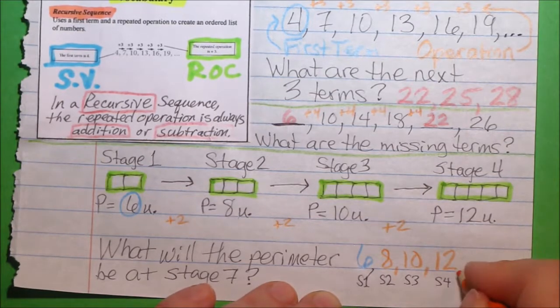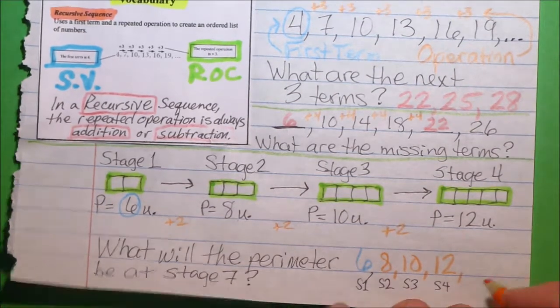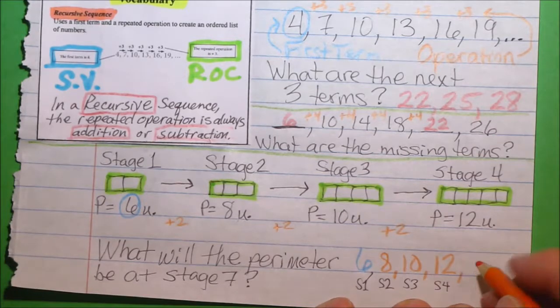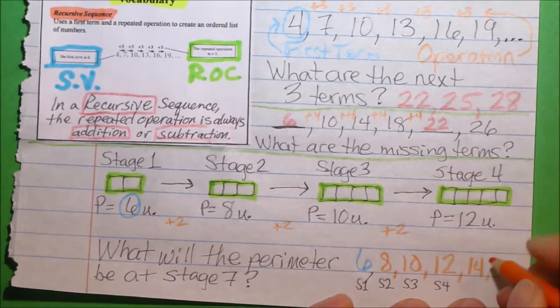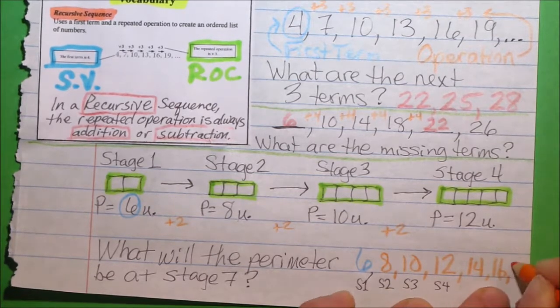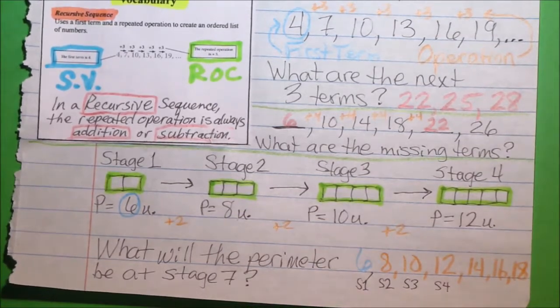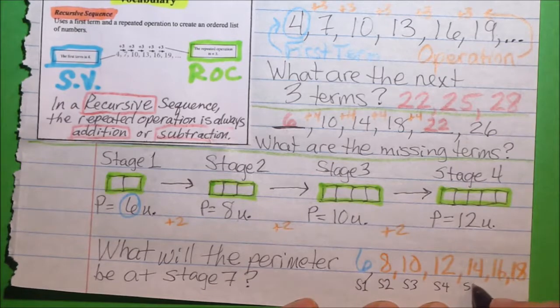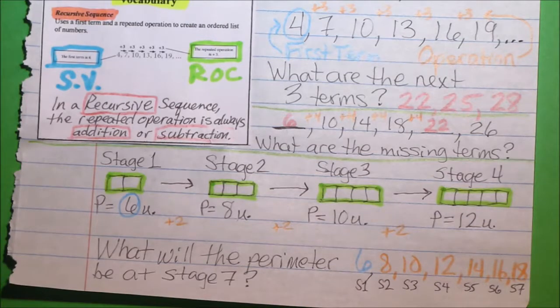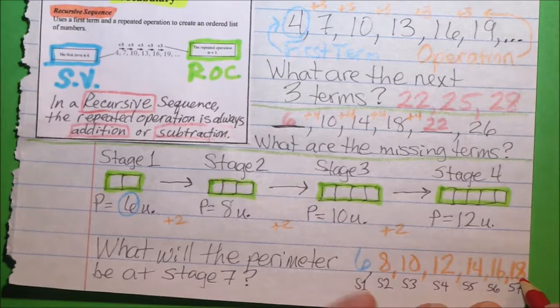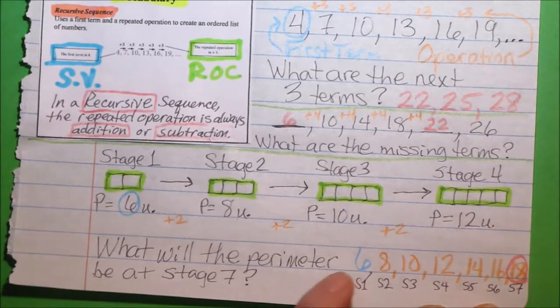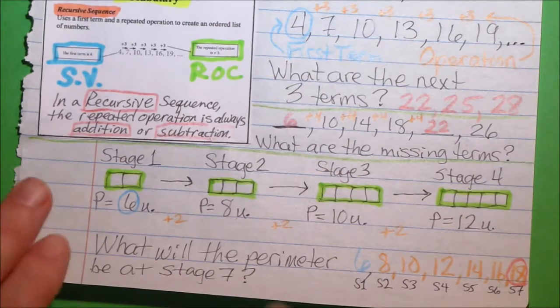Well, I can continue till I get to stage 7, just increasing the numbers by 2. So now I have 14, 16, I'm running out of space, and 18, because that's stage 5, stage 6, and stage 7. And they wanted to know, what's the perimeter going to be at stage 7? Well, the perimeter is going to be 18 units at stage 7.